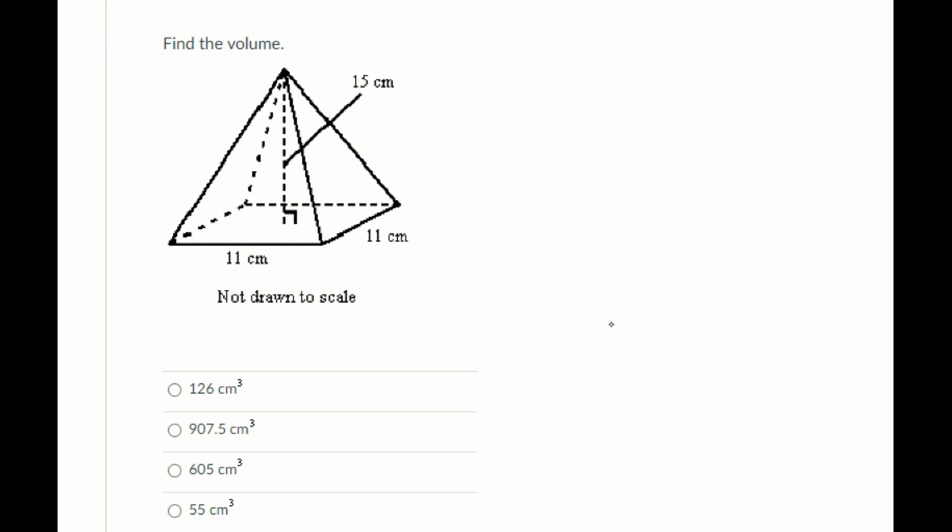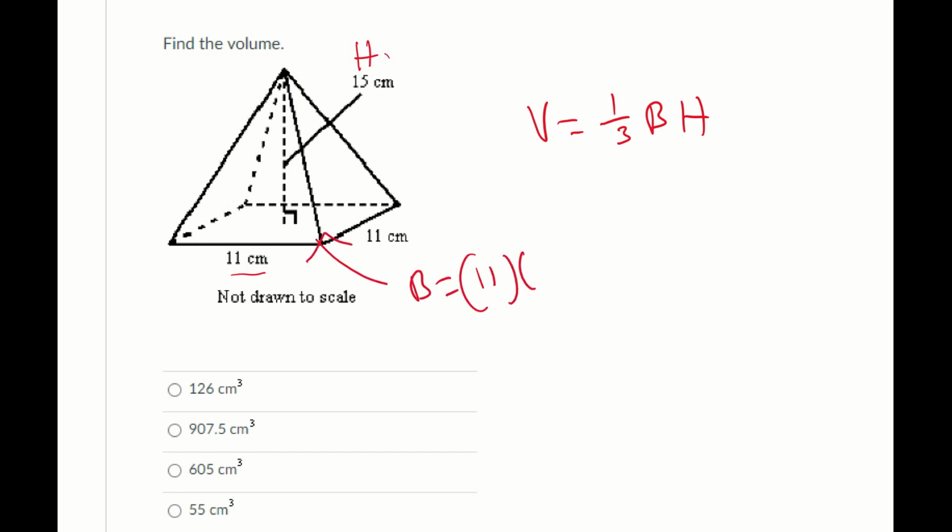Now for the next question, find the volume of the solid. Now this is a square pyramid. The volume of a pyramid is 1/3 times the base area times the height, and we can see that the height is 15 centimeters, and the base area is an 11 by 11 square, which is 121 centimeters squared. So we're going to plug that in.